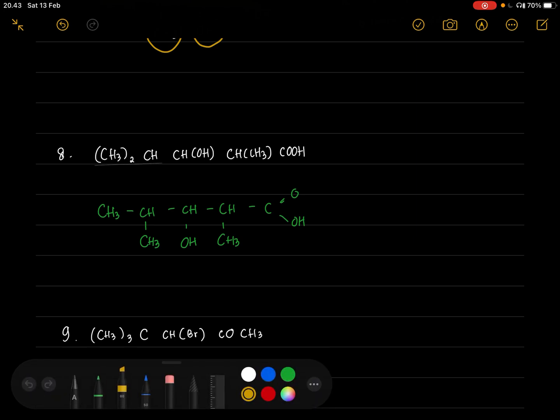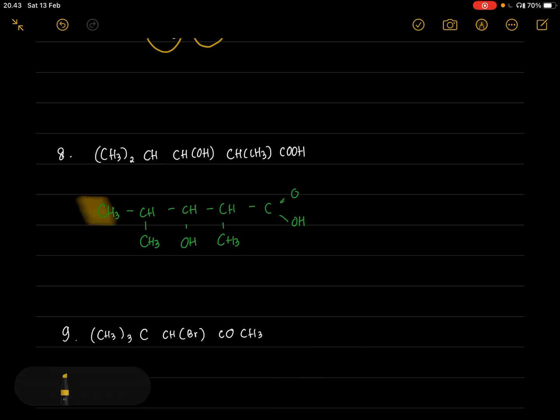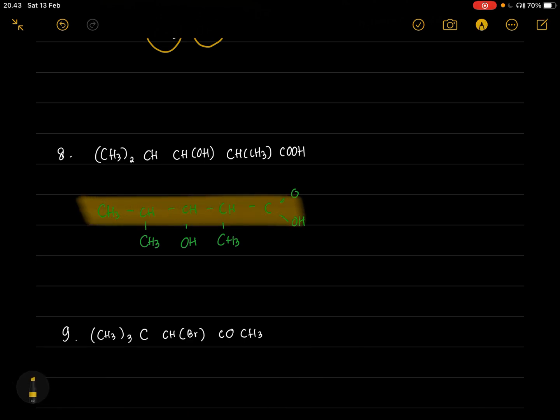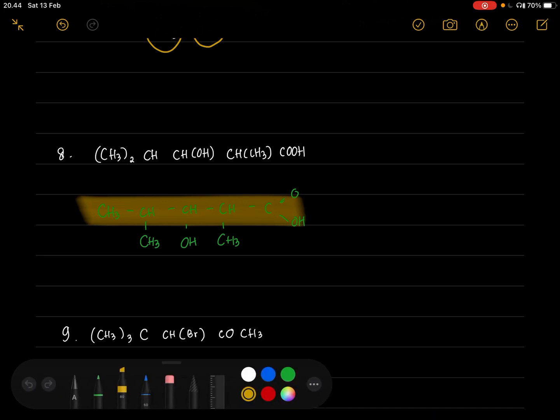Here, choose the longest chain that contains the functional group. Usually I just write it in a horizontal line, so it will be easier. But it is not always that the horizontal is the longest chain. Not necessarily to be that way. Right, so here we have this as the longest chain.